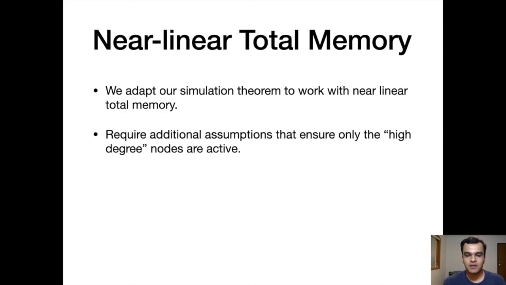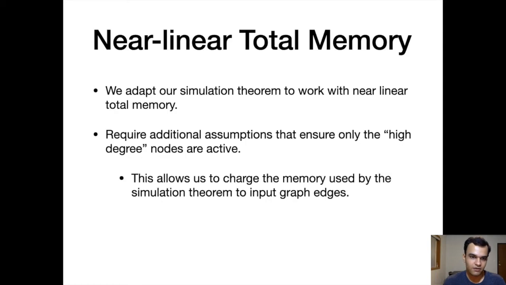We require some additional assumptions that ensure that only high degree nodes are active. This allows us to charge the memory that is used by the simulation theorem to the input graph edges, and that allows us to show that the total memory usage is not too high.